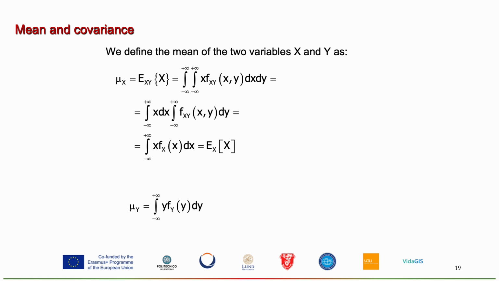But the second integral is what we have defined, the marginal density function of x, so the mean of x can be written as the integral between minus infinity and plus infinity of x that multiplies its marginal density function in dx. Exactly the same can be done for mu y. Mu y is the integral between minus infinity and plus infinity of y that multiplies the marginal density function of y in dy.